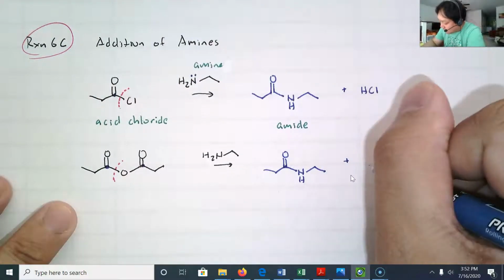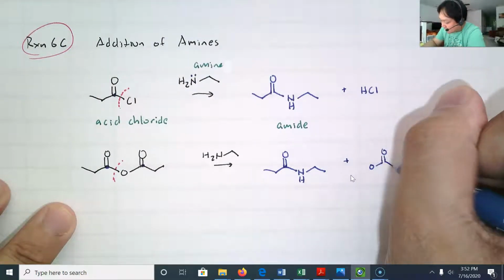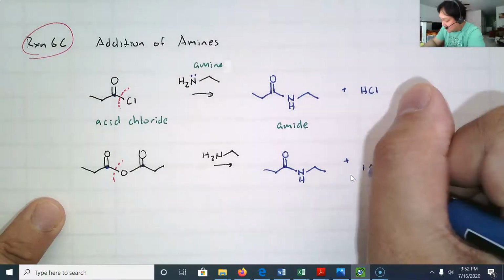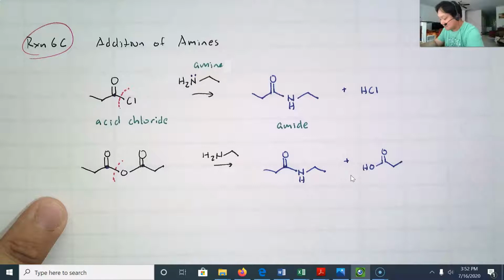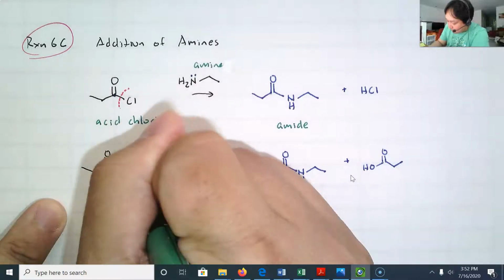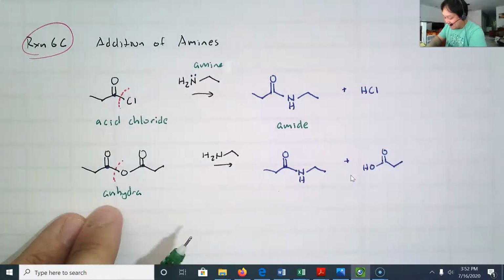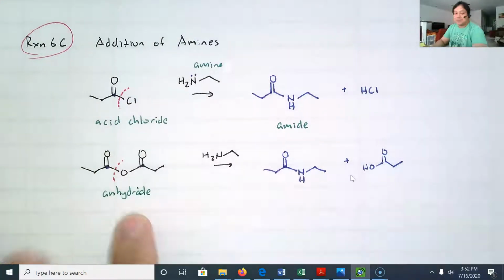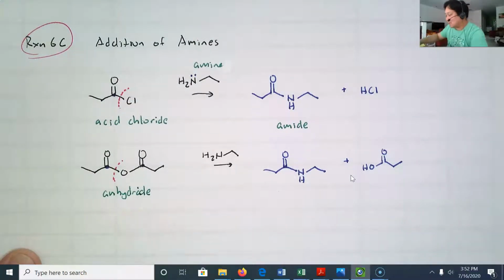Our leaving group was an O-, or specifically a carboxylate, but it will pick up the second H, and we could leave it like that. Again, it will be very useful if you could spell anhydride correctly. It'll be very useful to label your classes of molecules.